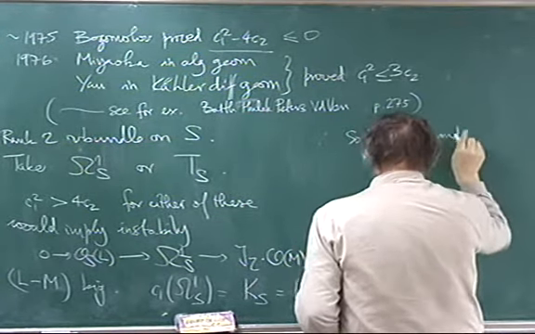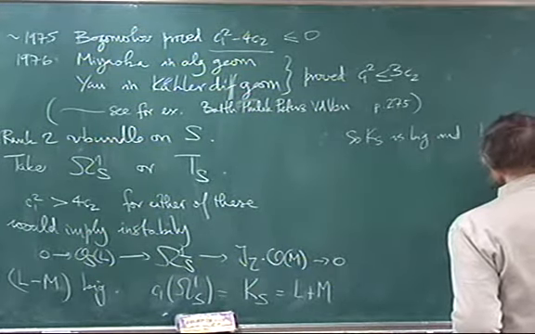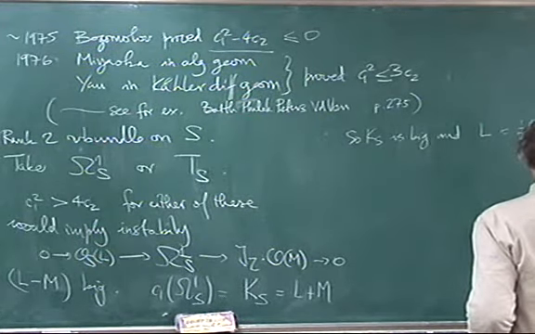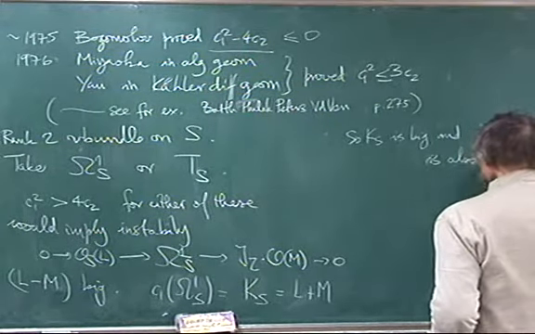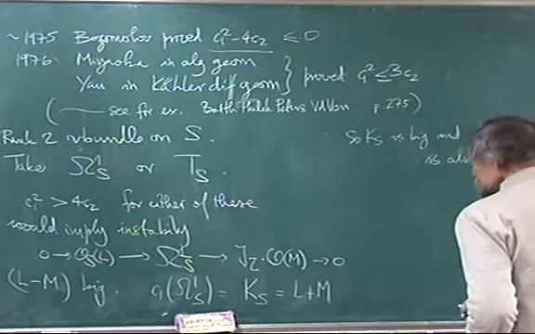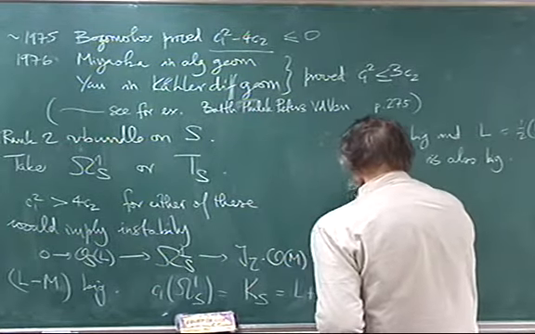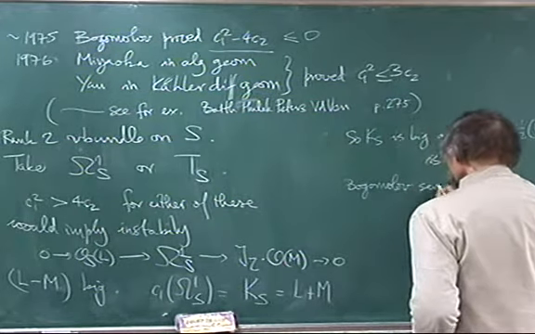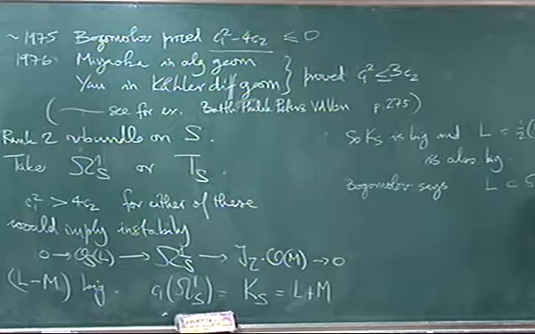And L is 1/2 of L minus M plus 1/2 of L plus M, which is also big. Right, and so Bogomolov says if L is in omega 1 of S, then L can't be big.